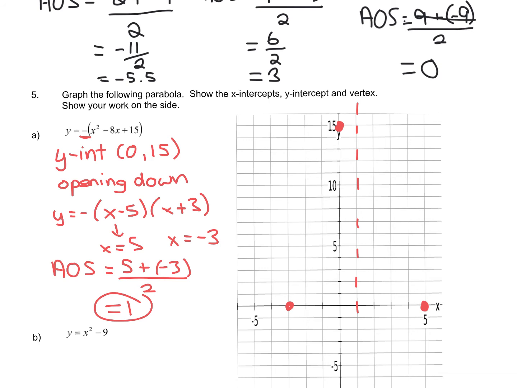If you plug 1 back in, it'd be 1 squared is 1. So when you put 1 back into the equation, you'd end up getting -4 times 4, which is 16, and that would give you a positive.